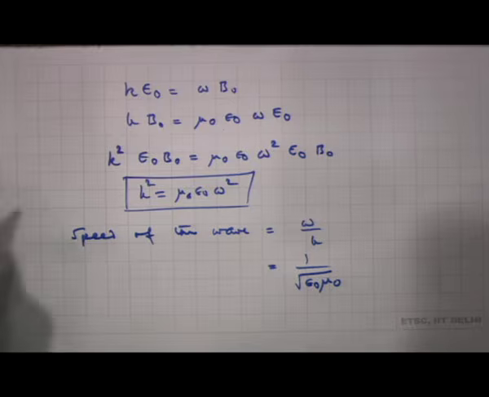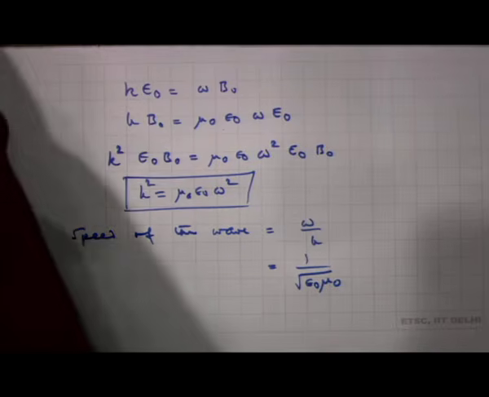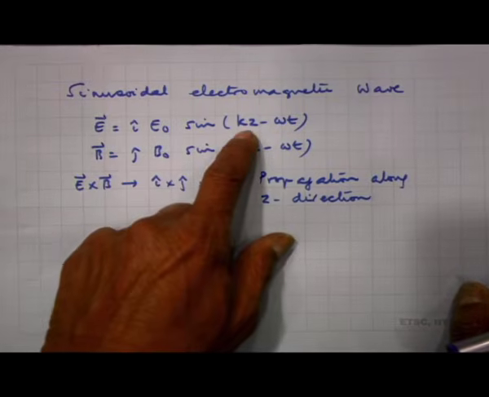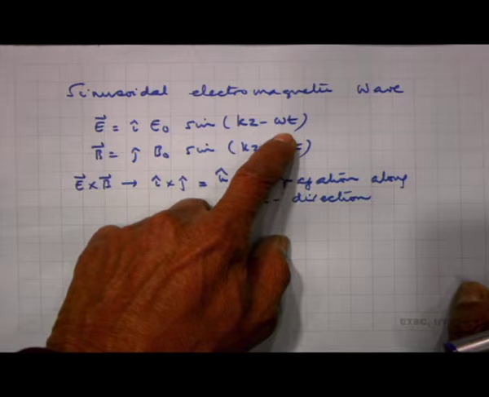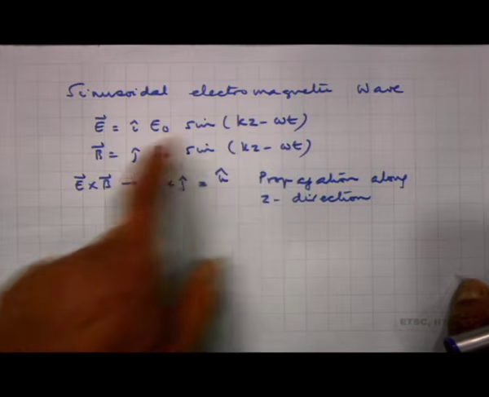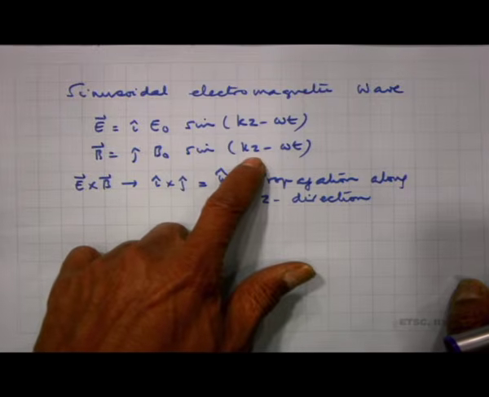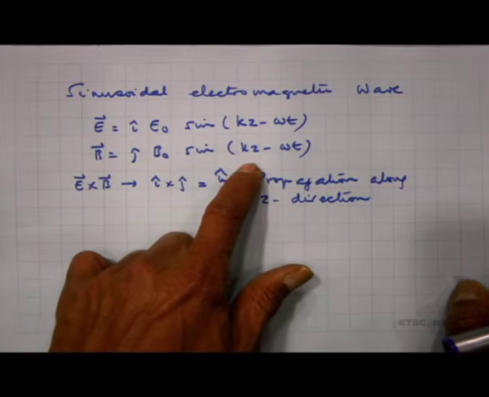What I have shown you is that I started with solutions of electric and magnetic fields in the form of a wave. Let me show you the slide again here. The electric and magnetic fields we had written in the form of a wave. Here, electric field written as sine kz minus omega t, which is a wave propagating along the z direction. Magnetic field j b naught sine kz minus omega t, a magnetic field propagating as a wave in the z direction.